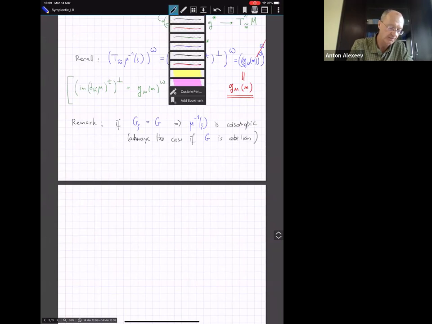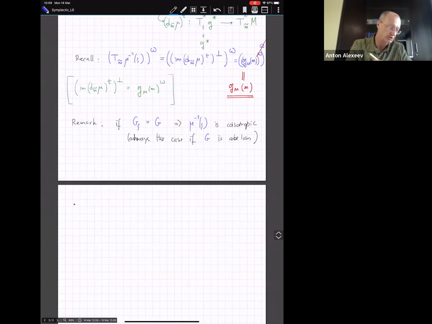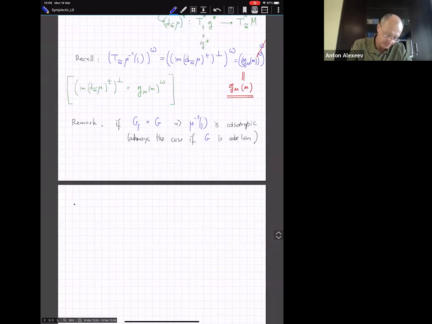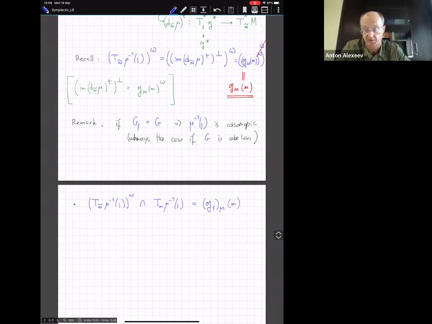So now the next observation is that this omega orthogonal to the fiber, intersection with the fiber itself, with the tangent space to the fiber, is exactly equal to the span of fundamental vector fields for G psi.